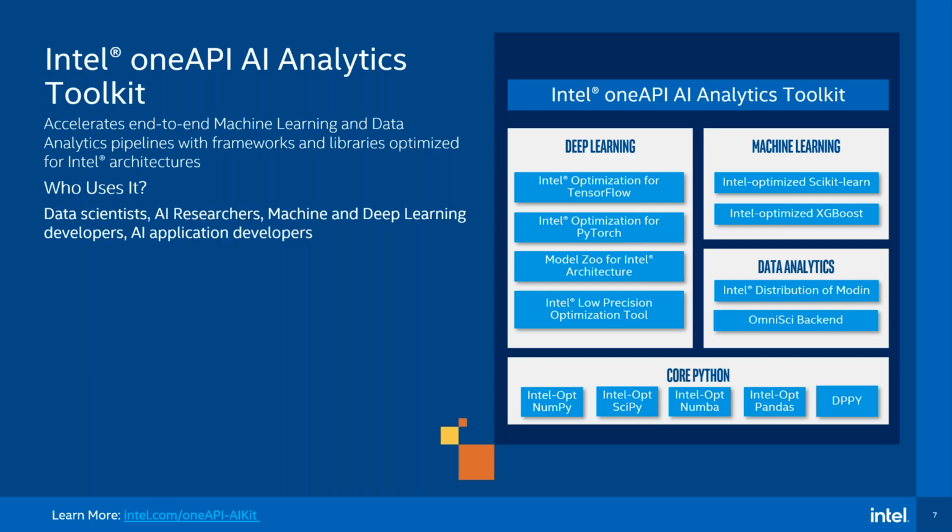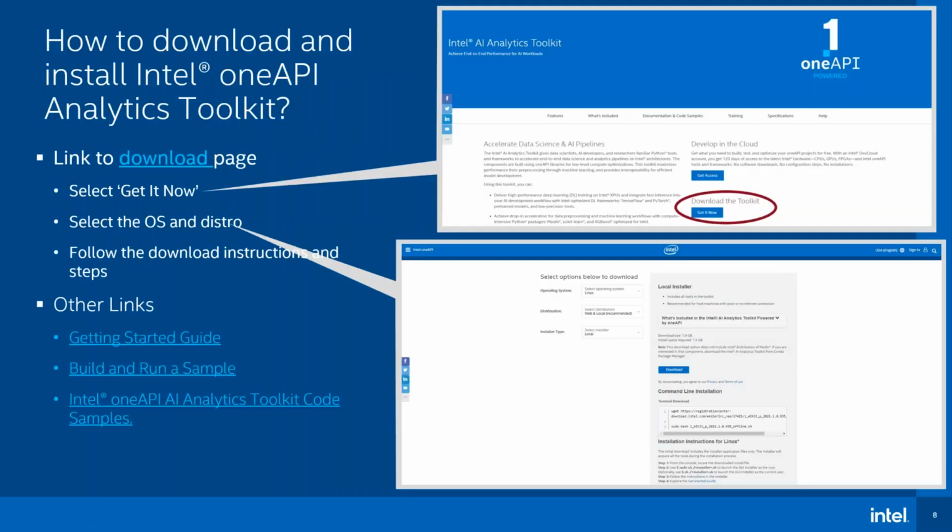So I'm going to hand it off to Vrishabh, and then I'll come back to a subsequent foil. Vrishabh? Hey, thanks, Meena. In order to download the Intel oneAPI Analytics Toolkit, the download link is provided on this slide. Once you click the download link on that landing page, you can click Get It Now and select the operating system and the distro.